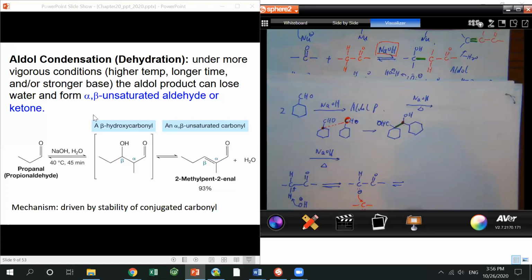Now I put this part on the left. You can add lone pairs, but if you don't want to add them, that's fine. So that's the new bond formation.